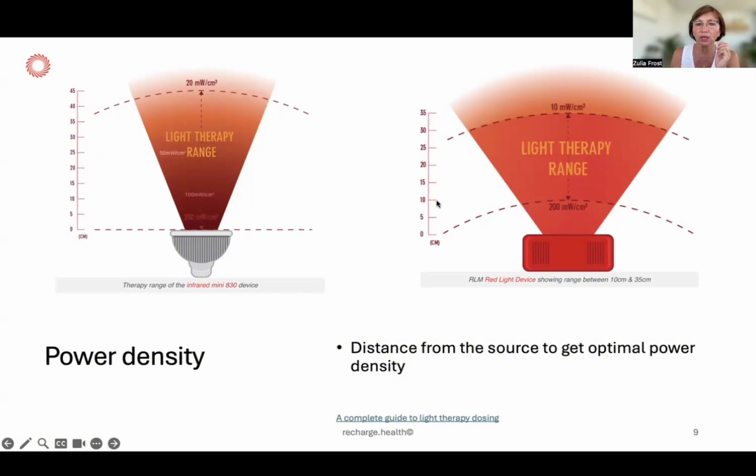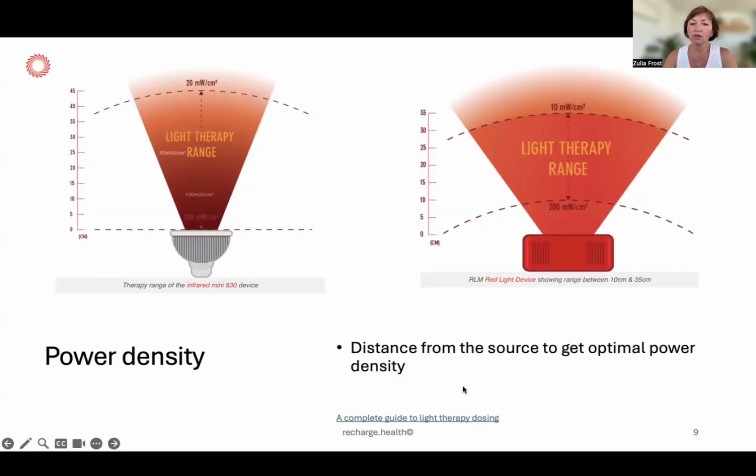Yes, so this would be like 10, and that will reach 5, for example. So the actual aperture of the light source, or how tight the beam is, will have impact on the irradiance, and also the distance of the light source from the target tissue will impact the irradiance.